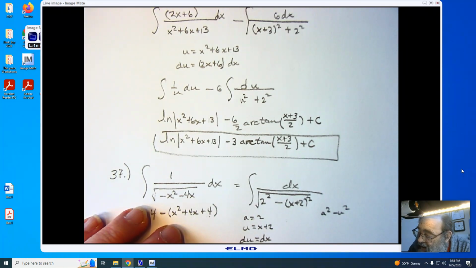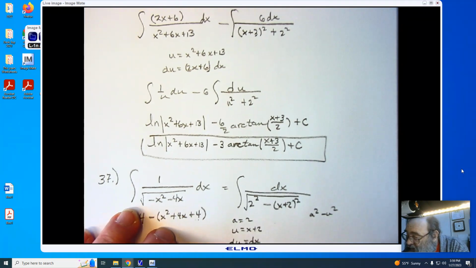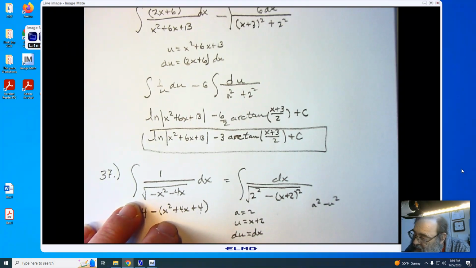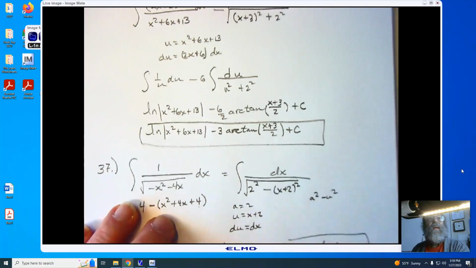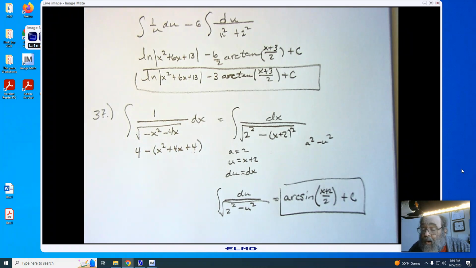I'm going to have my du here, 2 squared minus u squared to the square root, and this is the arc sine of u divided by 2. We're going to back substitute our u. That means we put the x plus 2 where the u is, and don't forget to add c. That's my answer. That's what we're looking for. That's what we're trying to get.